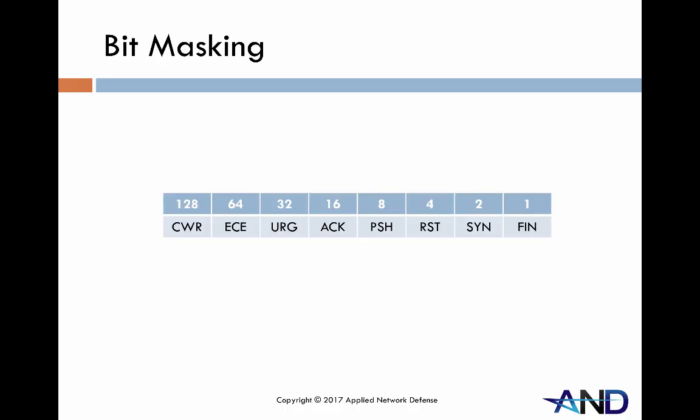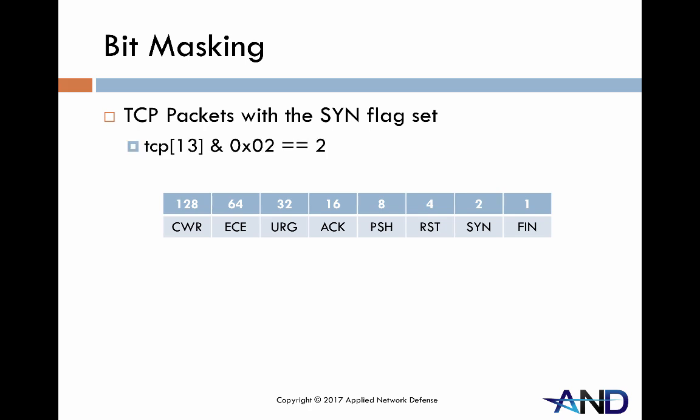Now, I do want to show here as well that you can express these things in multiple ways. So this is how we just expressed it in our example, was TCP13 and 0x02 equals 2. So we're saying bit mask the second position and then look for a value of 2. We can also represent the value in hex as well. So of course, hex 02 and decimal 2 are the same thing. So this can be represented in a number of ways.